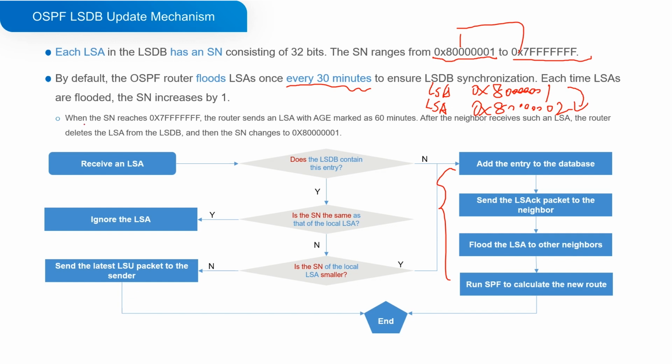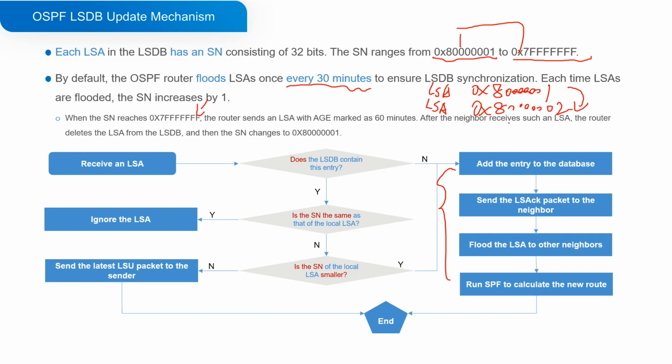For the last part, when the SN reaches the maximum value, what can we do? The router can send an RSA with the age marked as 60 minutes. Normally the RSA will flood every 30 minutes.